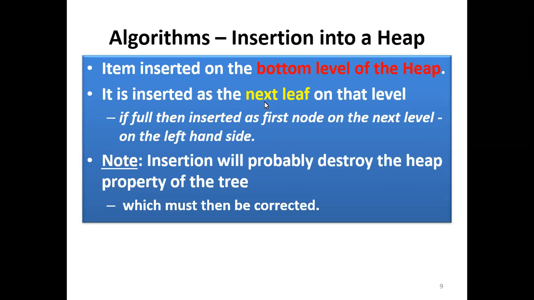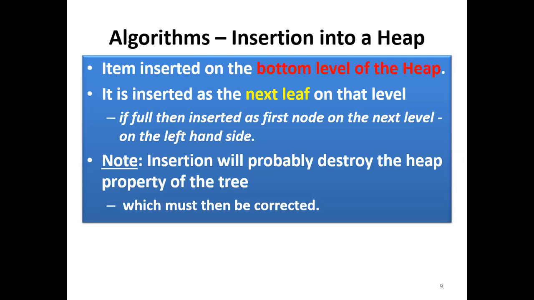We have to start from the left-hand side of the leaf nodes, and at times we might realize that the level is full and we need to move to another level in order to insert the element into the binary tree.